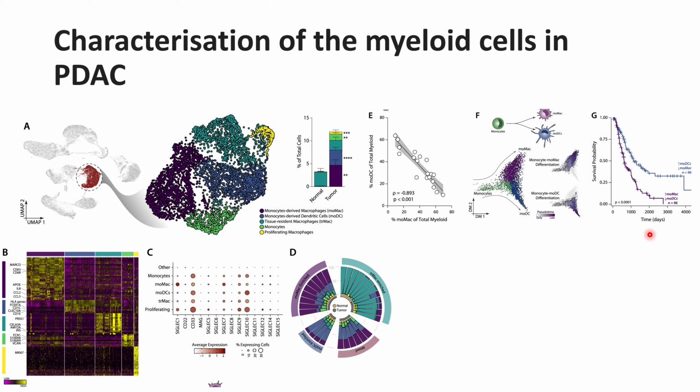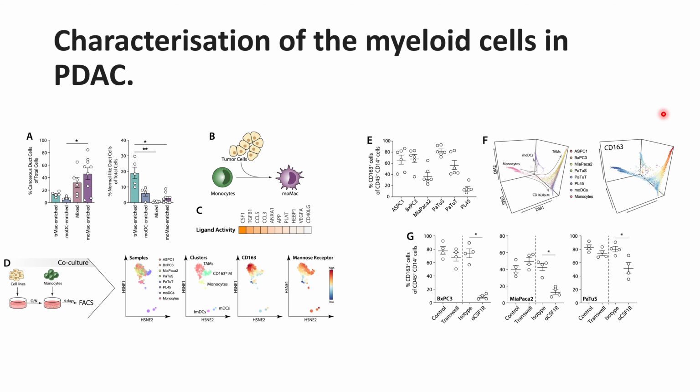So from this they made the point that monocyte derived macrophages play a role in tumor proliferation, helping the tumor cells in immune evasion, whereas monocyte derived dendritic cells have some kind of anti-tumor properties. And from the previous figures, they were able to make the point that monocyte derived macrophages have properties that help the tumor cells grow, whereas monocyte derived dendritic cells have anti-tumor properties.